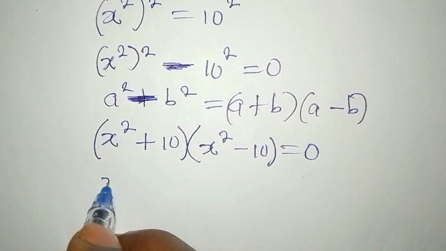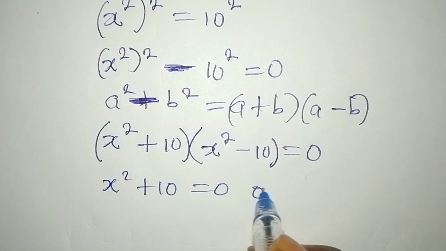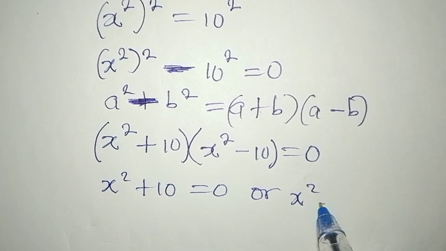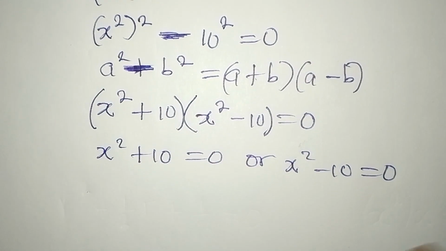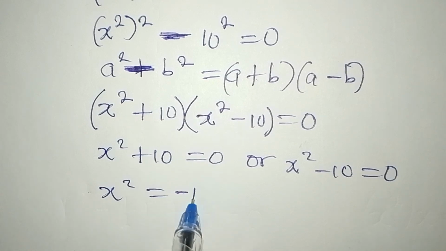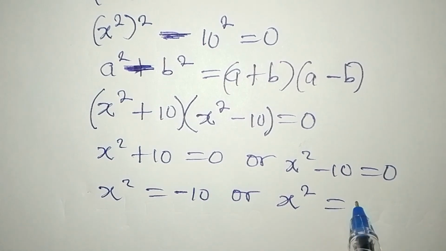So we can say that x squared plus 10 is equal to 0, or x squared minus 10 is equal to 0. From here we have x squared equal to minus 10, or x squared equal to 10.